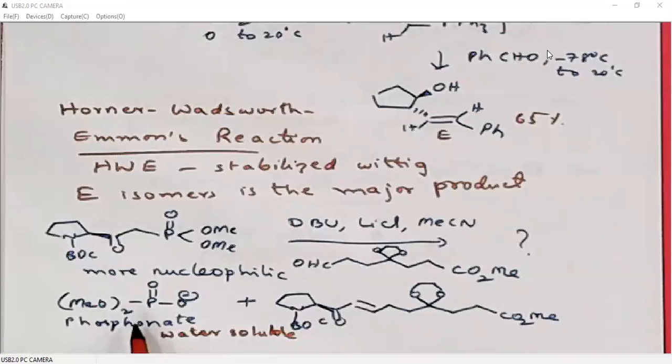But because this phosphonate is water soluble, it will be separated during the workup itself. So we don't need to separate it during the column. HWE is better compared to the normal Wittig reaction.